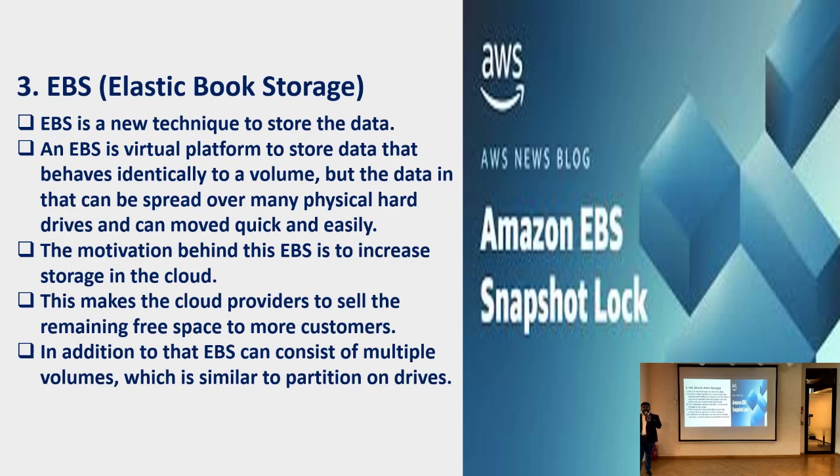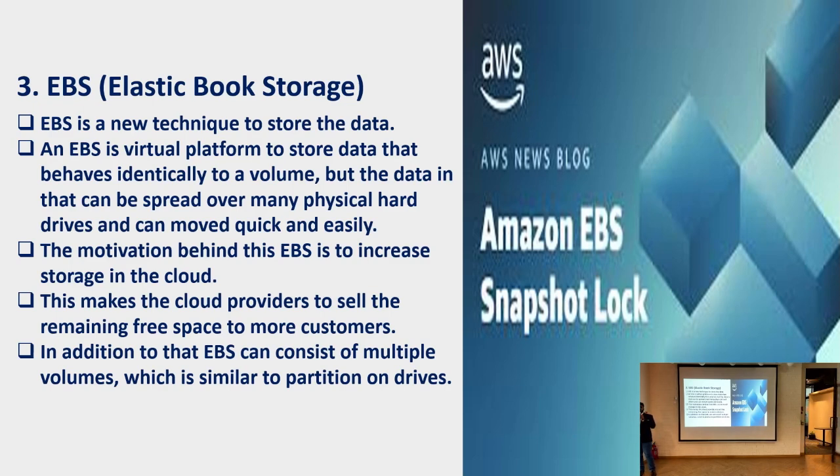So instead of giving 500 GB of data, he will divide that 500 GB and give a 200 GB portion to that customer, and the remaining 300 GB he can give to another customer. In this way, he can give storage to more customers, and the storage space will not be wasted.